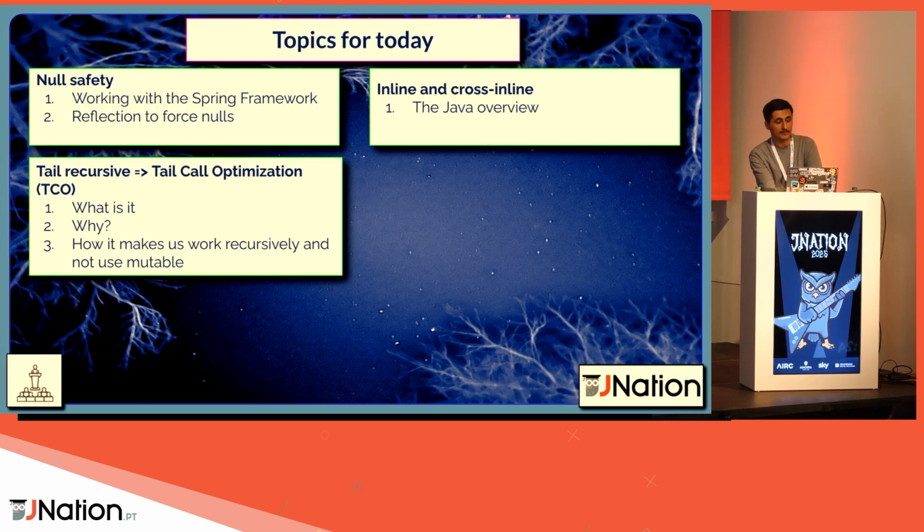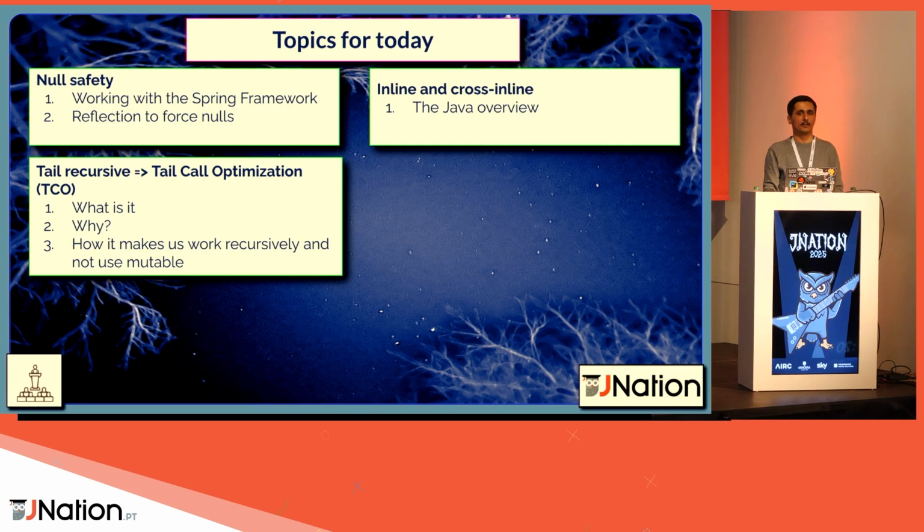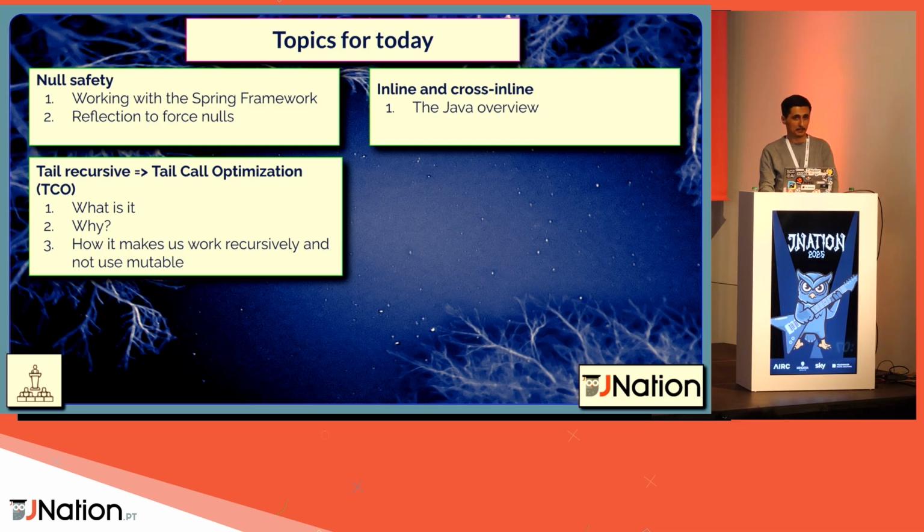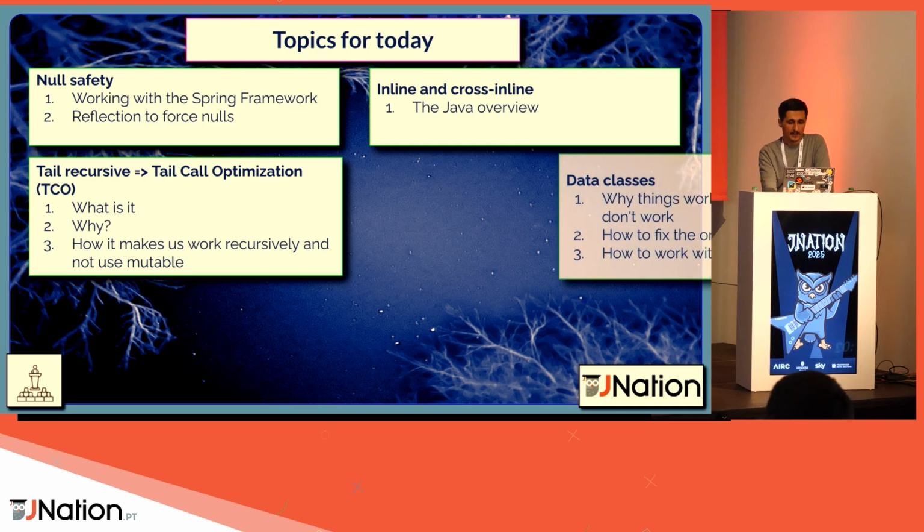Then we are having a look at tail-recursive calls. This is probably not a new concept for everyone here, but for a typical Java developer, it's not something that we come across very often, and we don't use it in Java because it's just not so readily available.